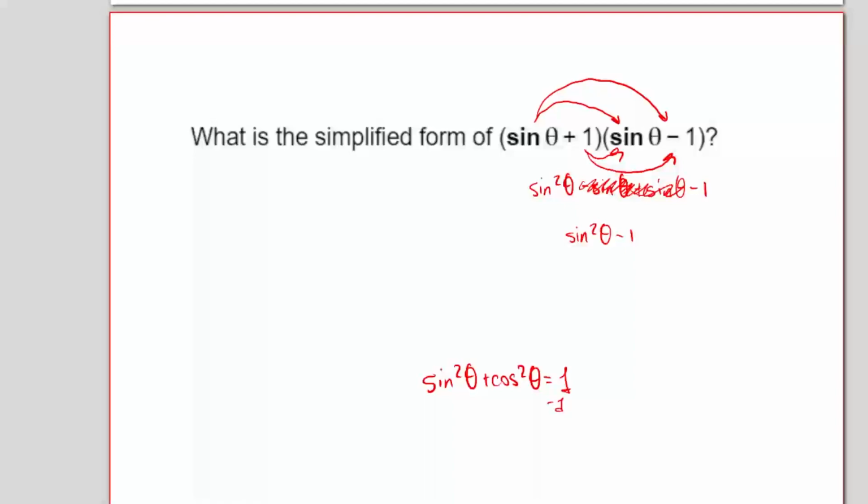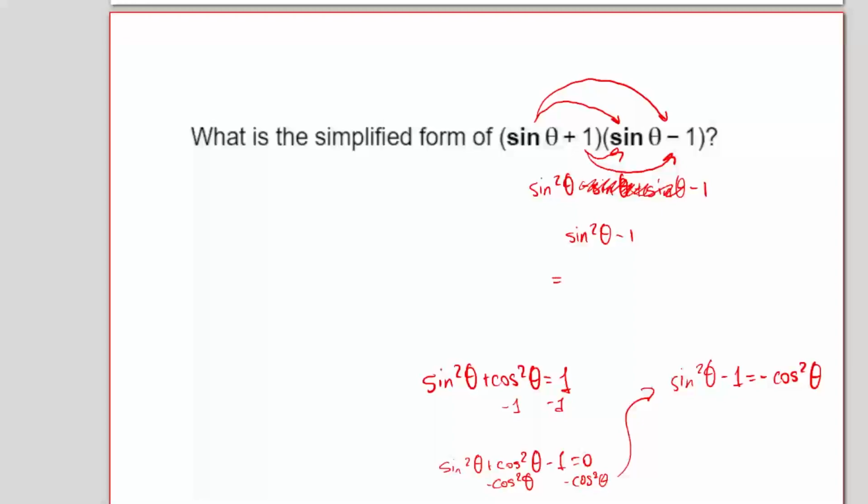Well, firstly, let's subtract 1 on both sides. So sine squared theta plus cosine squared theta minus 1 is equal to 0. And now let's subtract cosine squared theta on both sides. And we will get sine squared theta minus 1 is equal to minus cosine squared of theta.